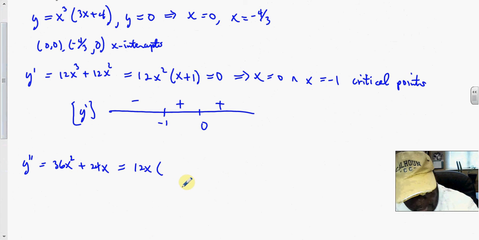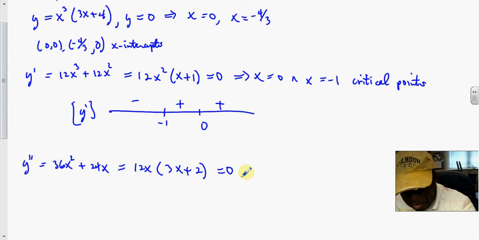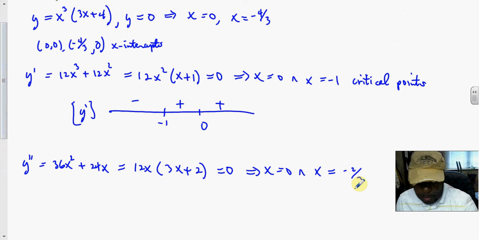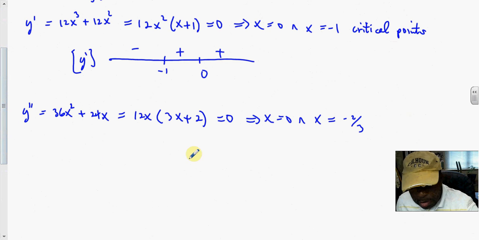Factor out 12x, we have left 3x plus 2. Set that equal to 0. That implies that x equal to 0 and x is equal to negative 2/3. These are our possible points of inflection. We don't know yet until we test them.